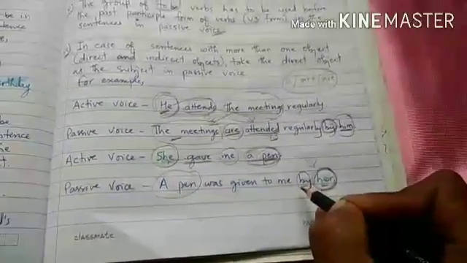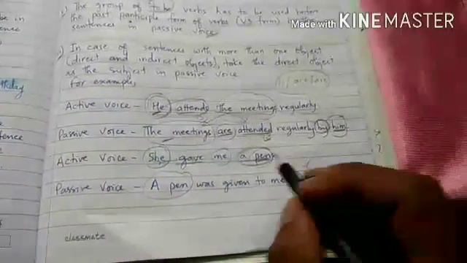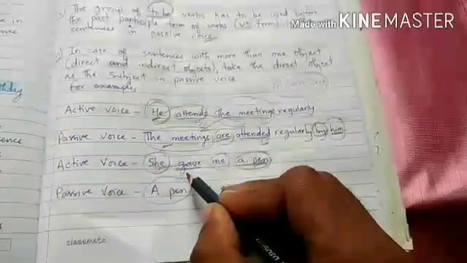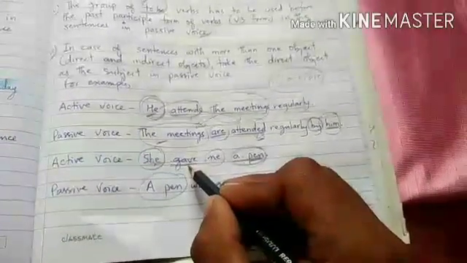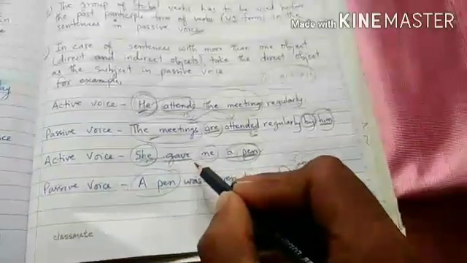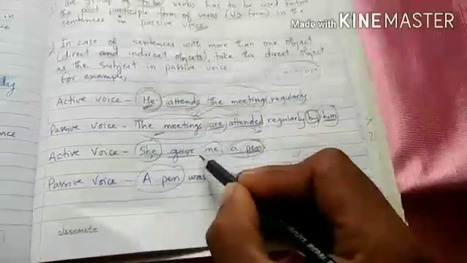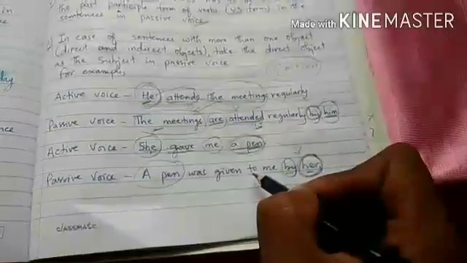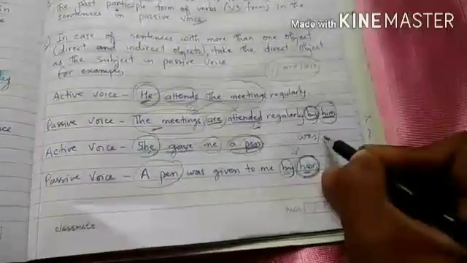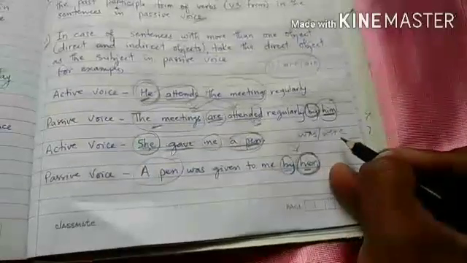Okay. Now we have to change the form of main verb. So this sentence is in simple past tense. So in case of simple past tense, when we change the sentences in simple past tense into passive voice, we have to make the use of to be verbs, was and were.